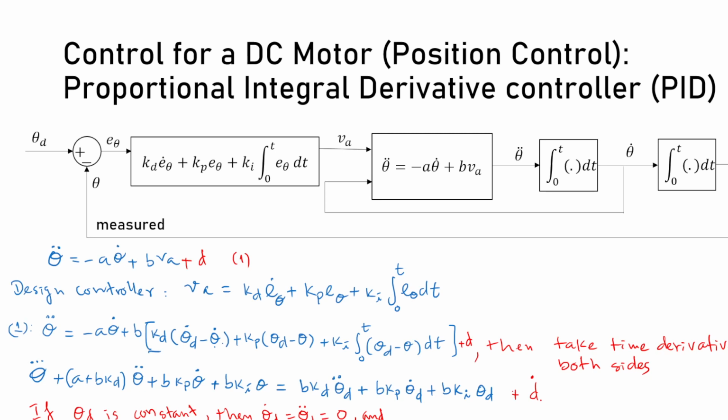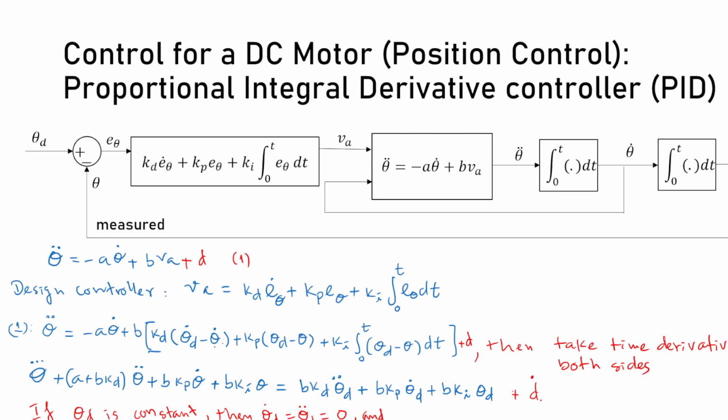Then how can we choose Kp, Ki, and Kd properly? Now it comes to the most important moment. We just say Kp, Ki, Kd, but what are they exactly?